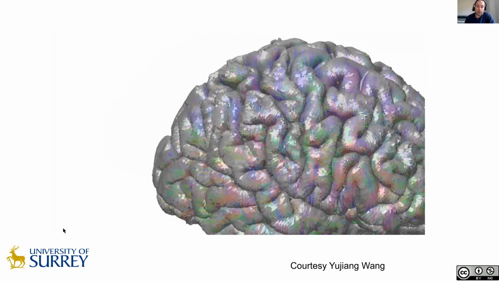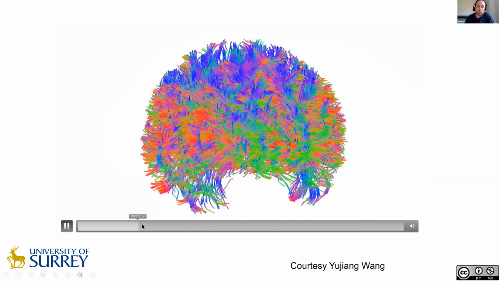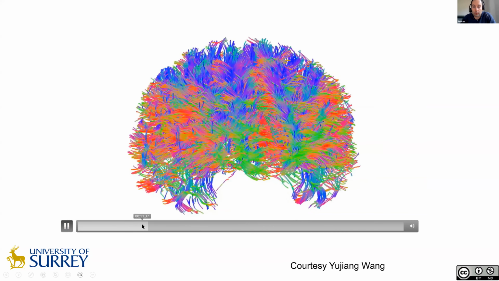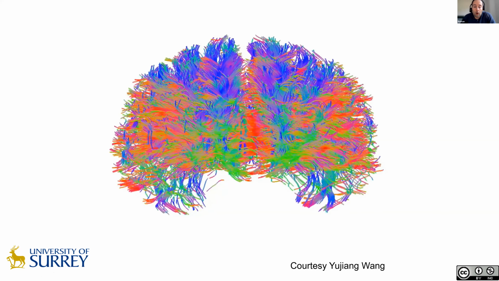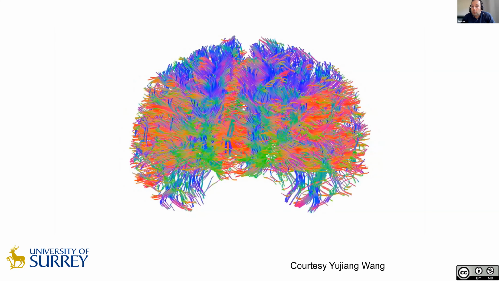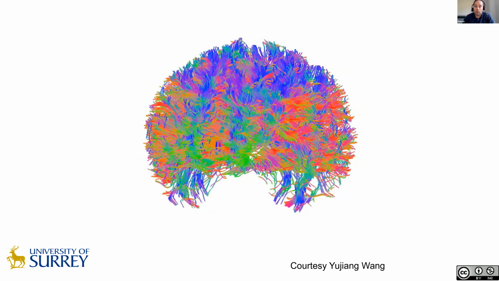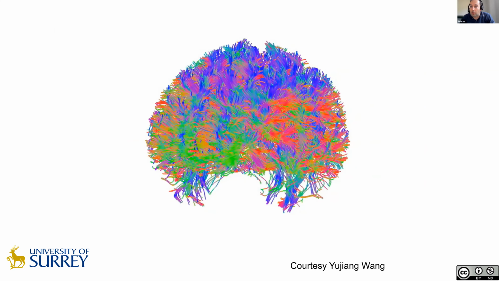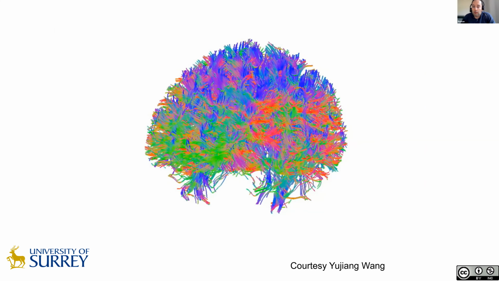And you can clearly see that the structure of this human brain is indeed very, very complex. And it is indeed too complex for a human to see striking differences between different conditions of those brain structures.